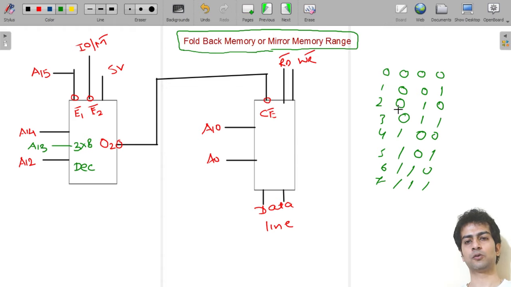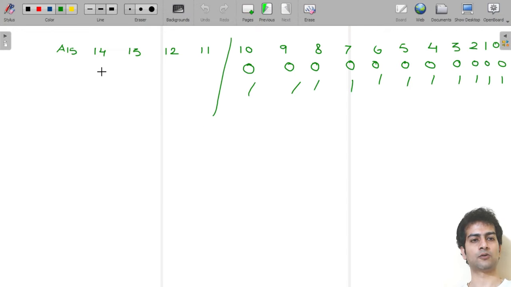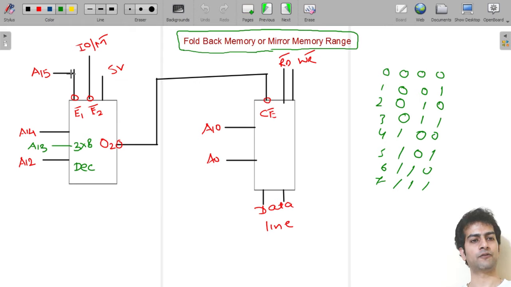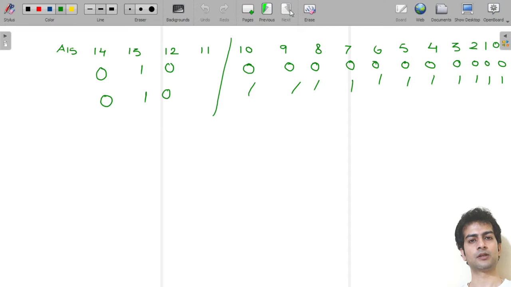We want O2, so it has to be 0 1 0. Now A15, for enabling it, A15 has to be active low. So A15 will be 0.